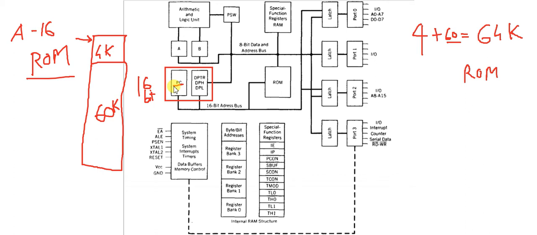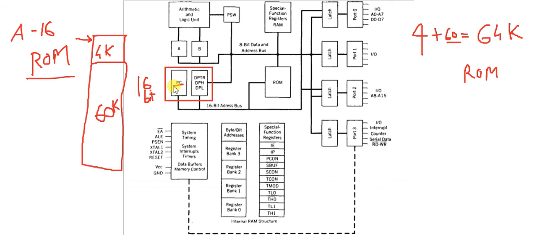So the program counter will point to the address of the next instruction which is going to be executed. This is clear. The program counter knows which next instruction should be executed in this program.